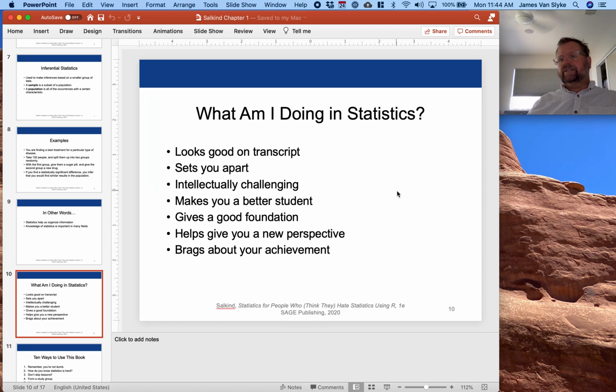So why are you doing statistics? Why should you do statistics? Number one, it does look good on a transcript. Having any type of computational or statistical background is really important. If you go on to grad school, you have to have some kind of background within statistics.